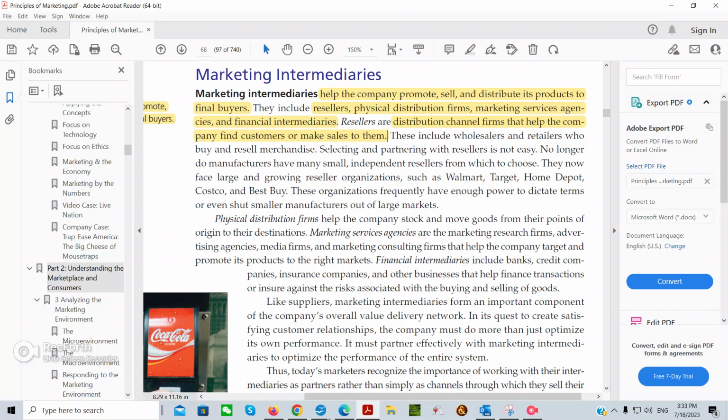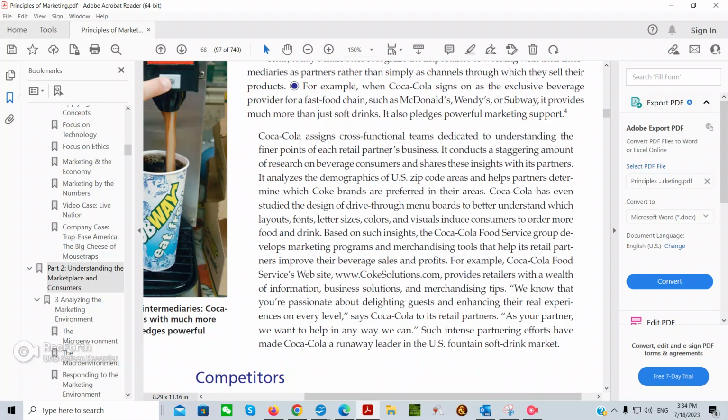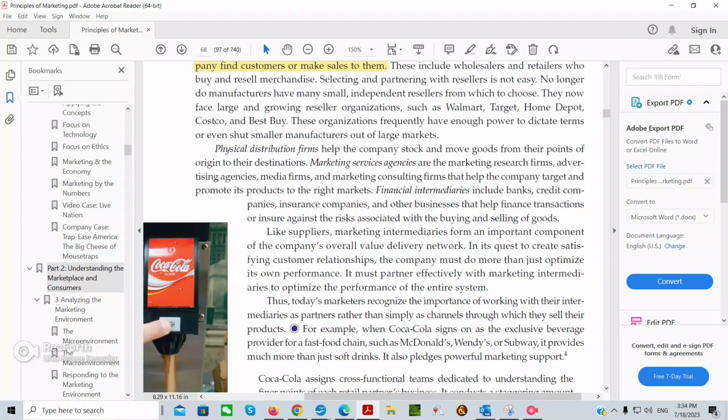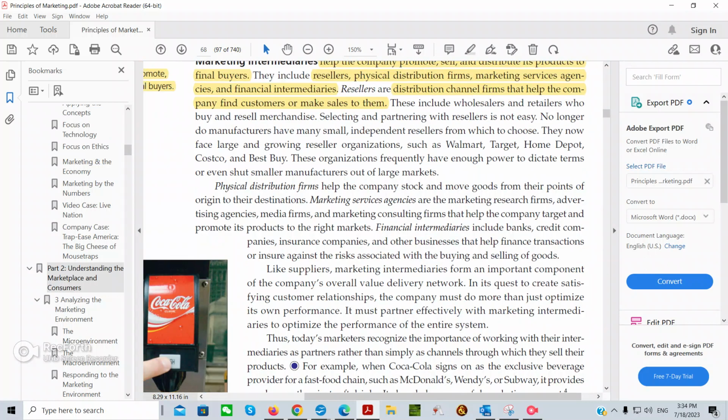Now the distributor can basically take the inventory from you and then sell it to retail stores. They can do it for you. Those include wholesalers and retailers who can buy and resell merchandise. So they're buying to resell merchandise to somebody else.